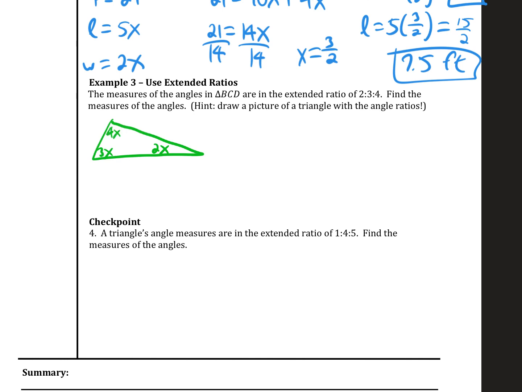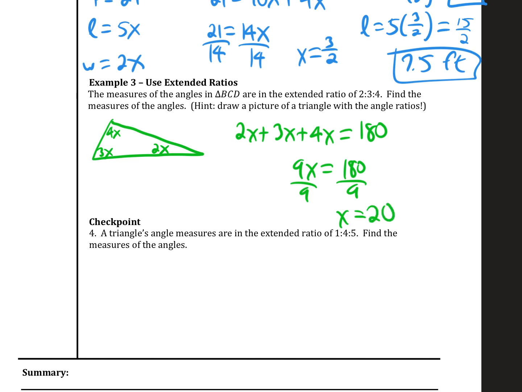Now, what do we know about the angles of a triangle? They add up to what? They add up to 180. So we can do 2x plus 3x plus 4x equals 180. All right, what's 2x plus 3x plus 4x going to be? That is 9x equals 180. And divide by 9. We get x equals 20. Are we done?